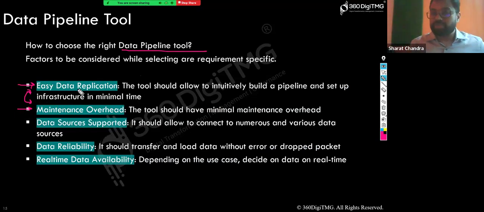If you're using software or a tool which is easy to implement, that means it is automated. And if you're talking about an automated system, then you'll not be able to do a lot of maintenance on it. You cannot do customizations. So we need to balance between these two.